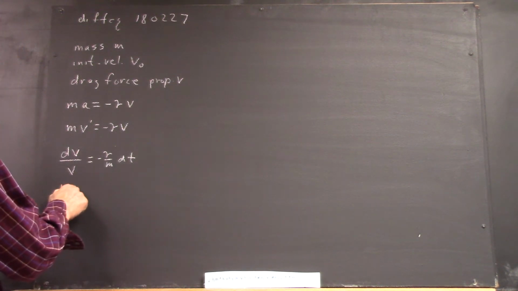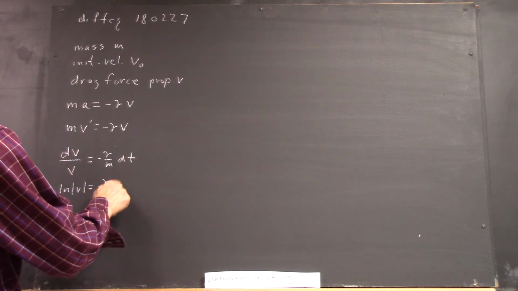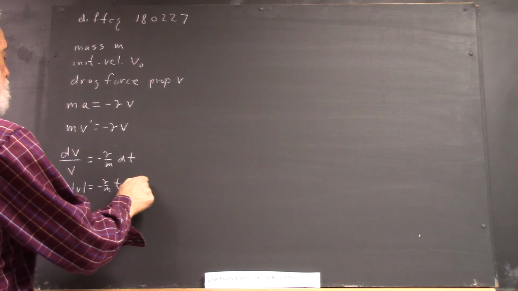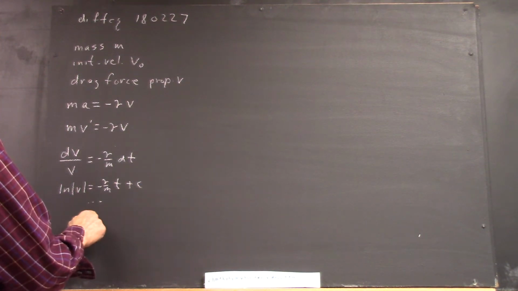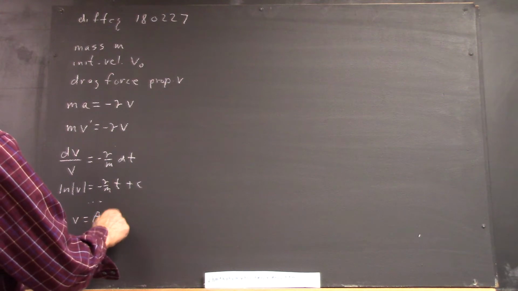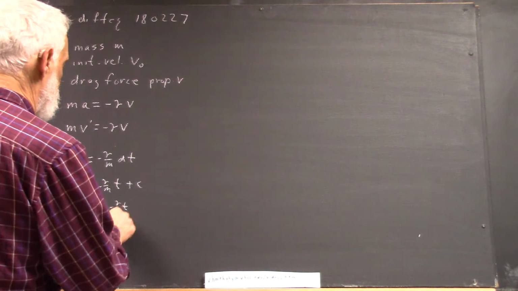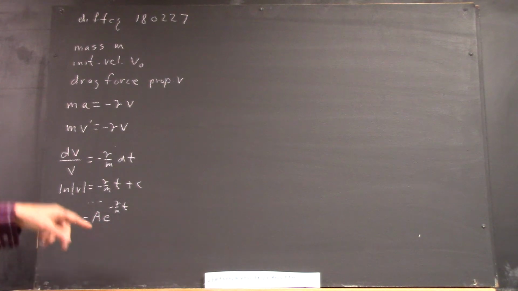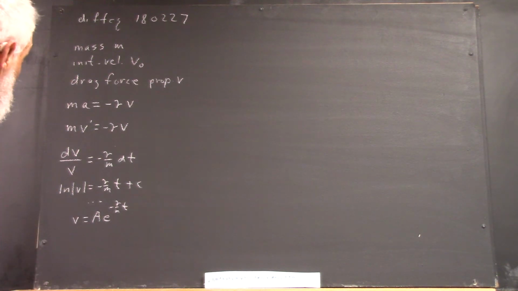So we get natural log of the absolute value of v equals negative gamma over m t plus a constant, which again leads us to v equals a e to the negative gamma over m t, in a process that we've dealt with in complete detail and should be very familiar. And if it isn't, make sure that it is before you take the test. Okay.